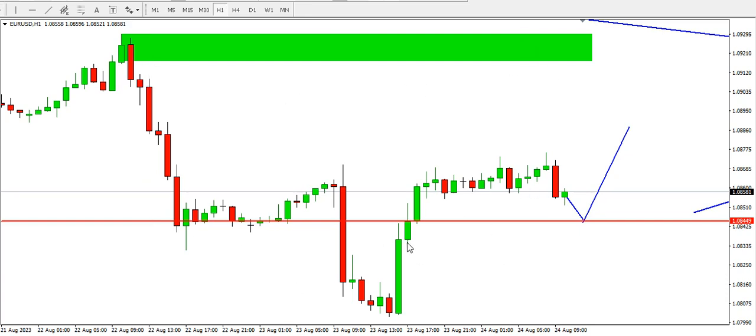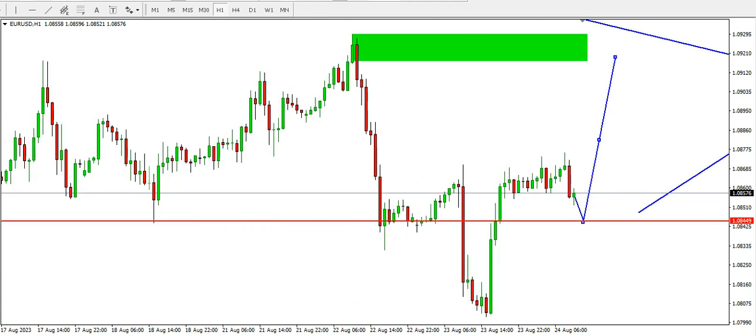If this inverted head and shoulder pattern that is currently forming, it's still forming, it's not completely formed, is anything to reckon with, and we see price eventually going up, it might go to test this order block, which aligns with the descending trend line.